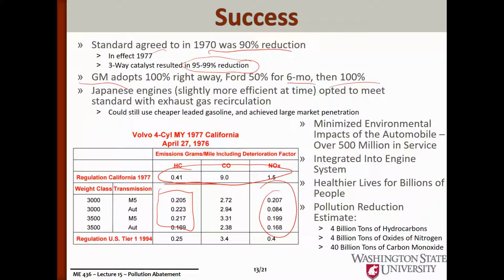Now initially in 1977 the standard was 1.5. I believe that's milligrams per liter, or per meter cubed. That is now down around the area of 0.07. So we've come a long ways in the standards for NOx in particular.